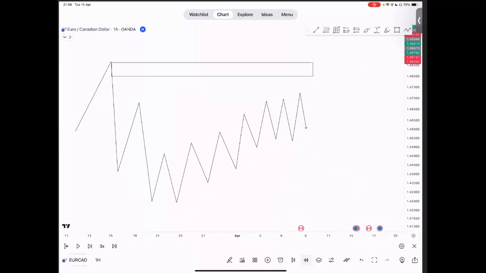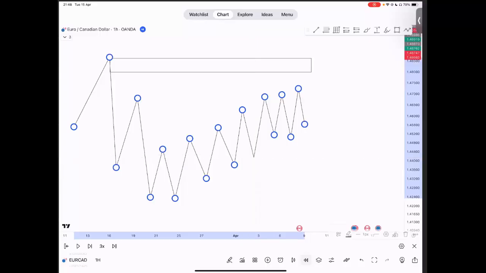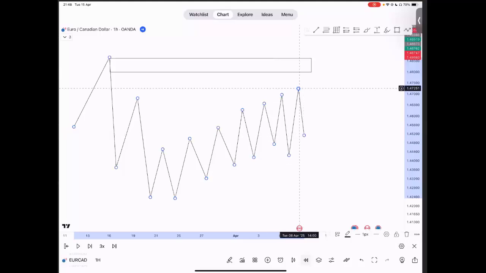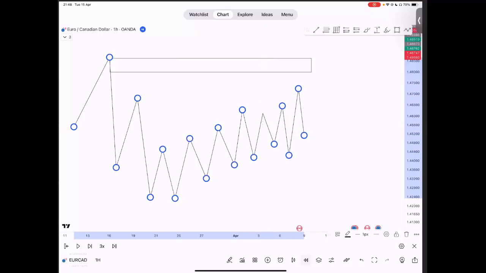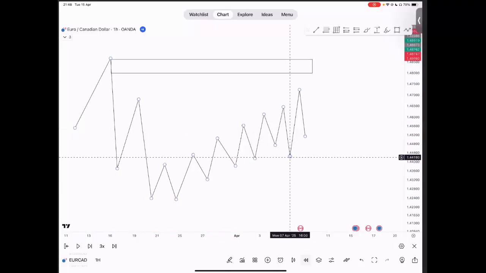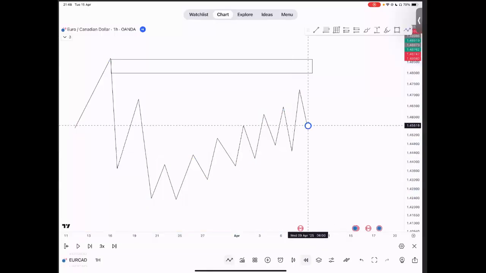Let me see if this was illustrated properly. We'll pull this back a bit. Okay, let's say we have something just like this now. Price creates a type A entry model at this point.